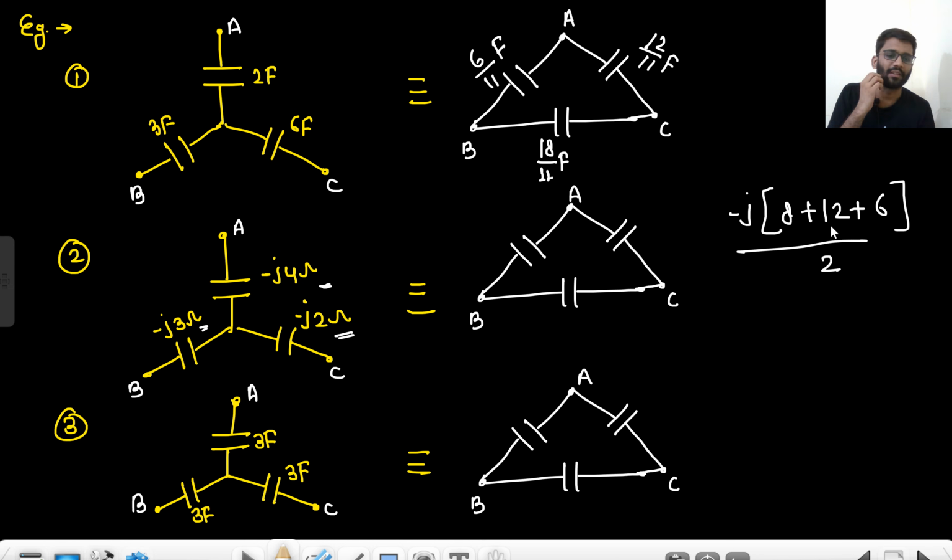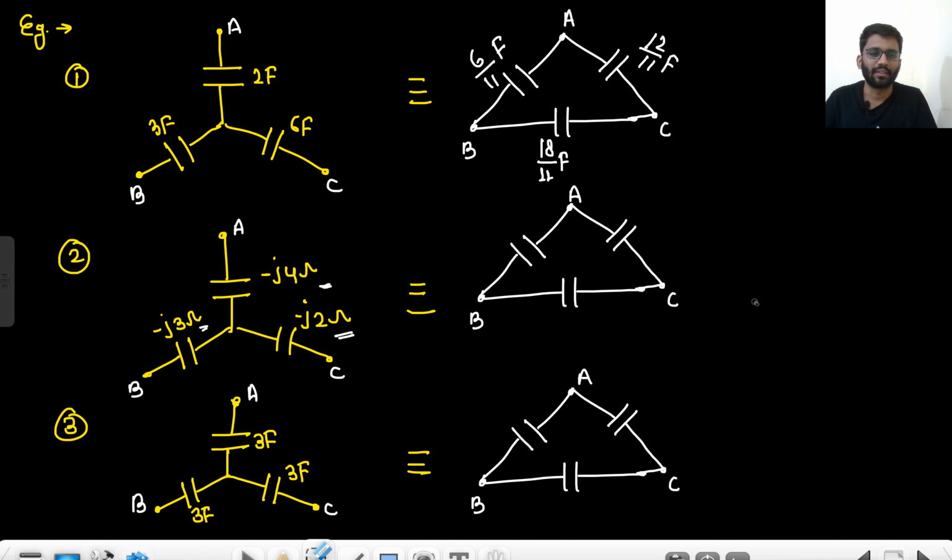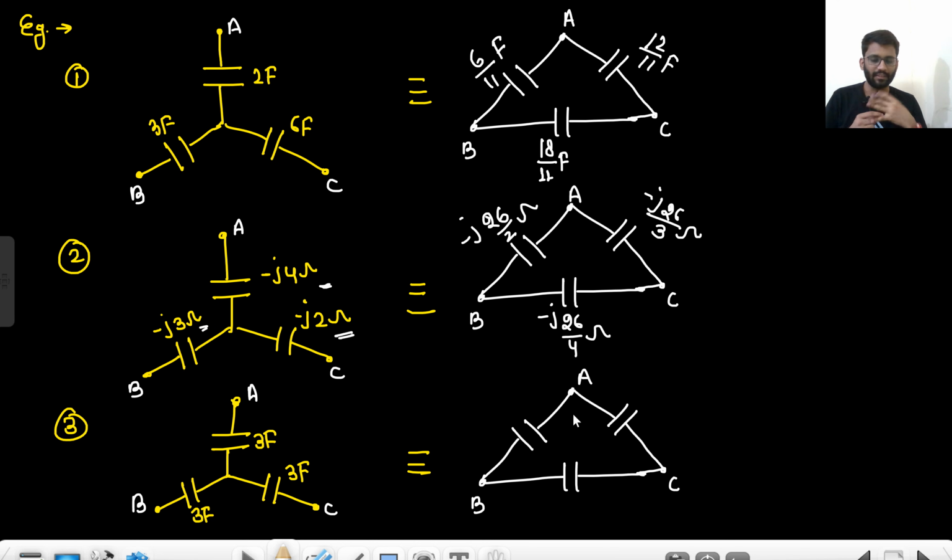So this 8 plus 12 plus 6 will be above, so 26 divided by something. Okay. So minus j 26 divided by, for this, 2 ohm. For this one, minus j 26 divided by this value, 3 ohm, and for this it will be minus j 26 divided by 4 ohm. Did you get it?